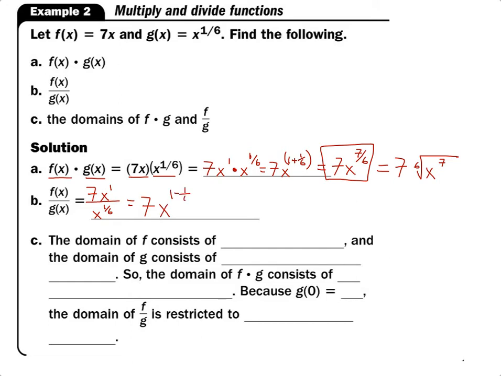So it's 1 minus 1/6. So it's 7x to the 5/6. And that's it. I guess, again, if you were trying to be a show-off, you could talk about how that's the 6th root of x to the 5th, but doesn't really matter.